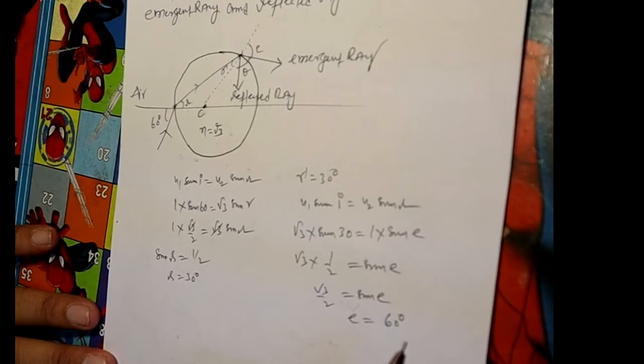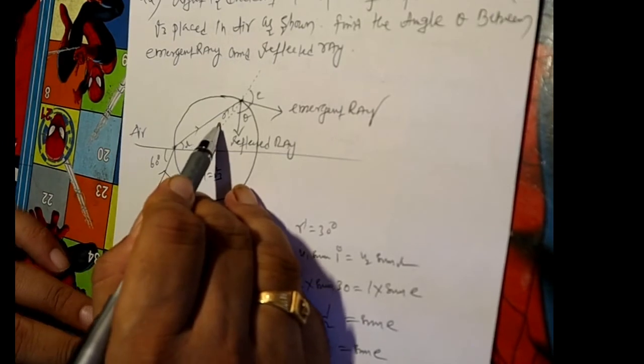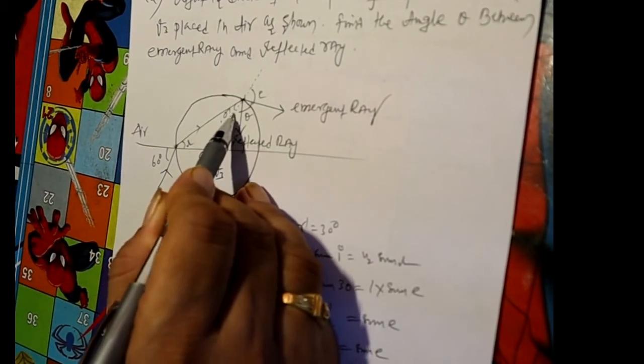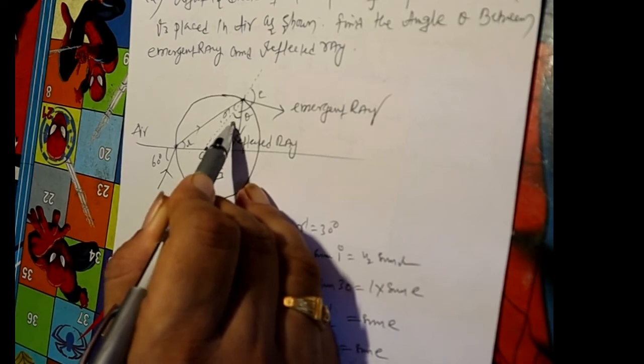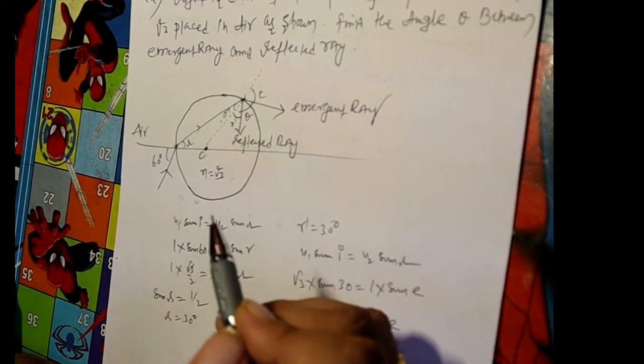Now, if this angle becomes 30, this angle also becomes 30. This is also r dash from the law of reflection. Here the light ray is reflected.